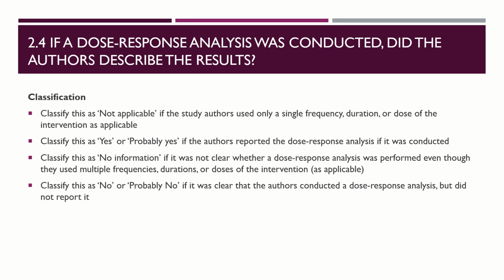That's when you would actually say no information. If they clearly conducted a dose response analysis but did not report it, then you would actually call it no or probably no. Okay.